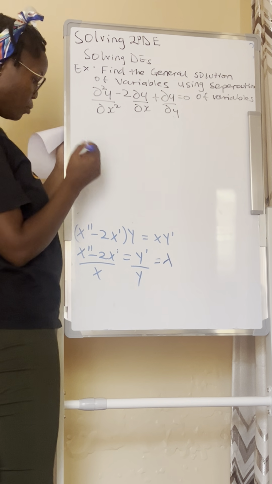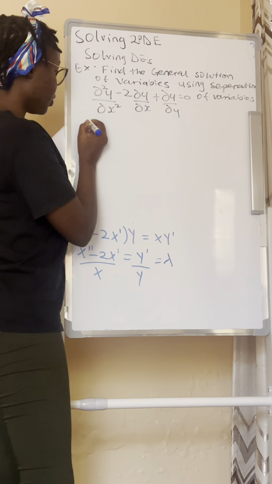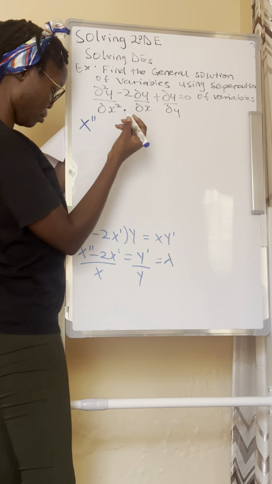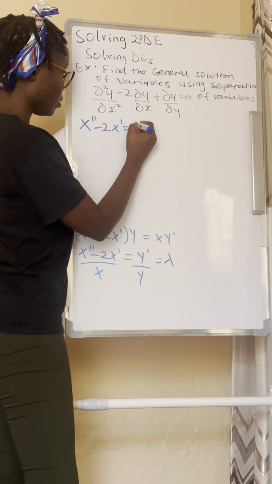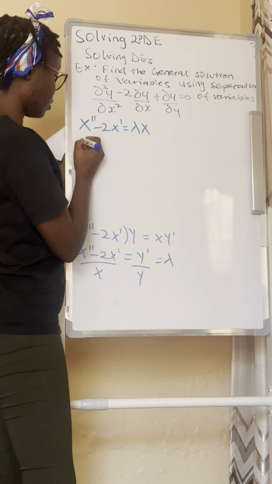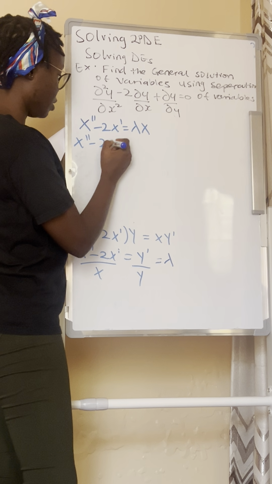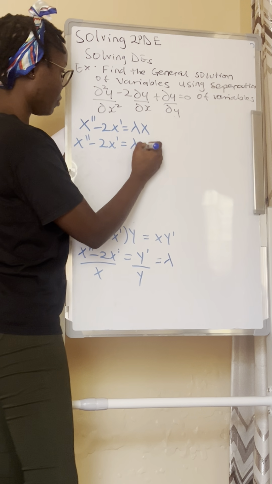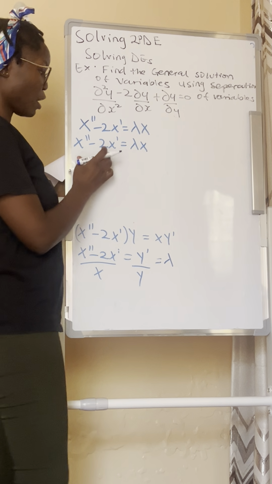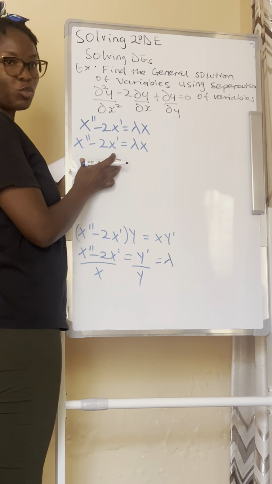So we are now going to form a quadratic equation. We'll make an equation with the x's alone: x double prime minus 2x prime is equal to lambda x. So in this case, to solve this, remember what we talked about.